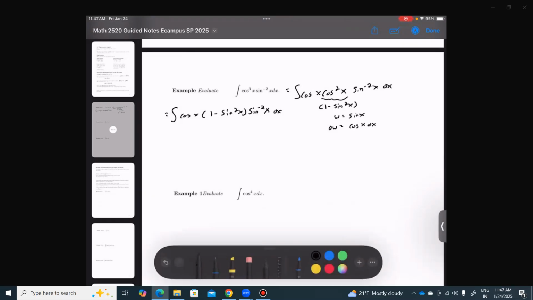So this is going to be our dw, and then since w equals sine x, we'll have this be w squared and this be w to the negative 2. So this is going to become the integral of 1 minus w squared times w to the negative 2 dw.